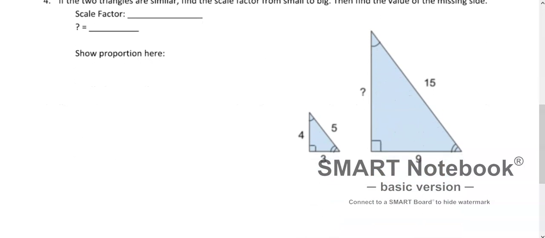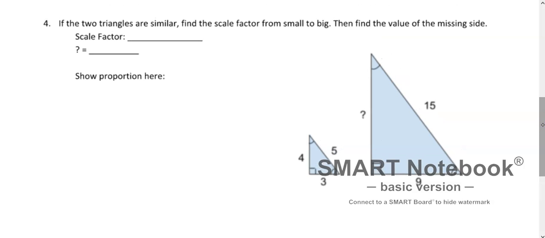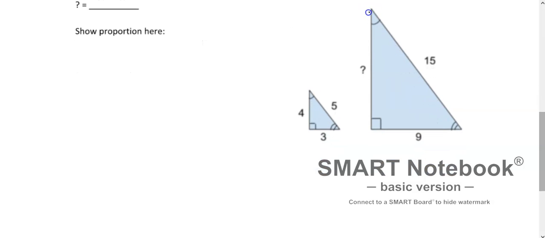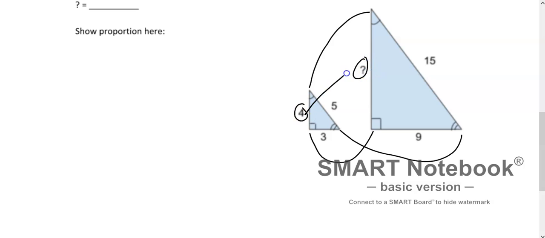All right. 2 triangles are similar. It's telling you, if they are similar, find the scale factor from small to big, then find the value of the missing side. So, since these 2 match up, and these 2 match up, and these 2 match up, that also means that this side corresponds to that side, this one corresponds to that one, and 3 corresponds to 9.